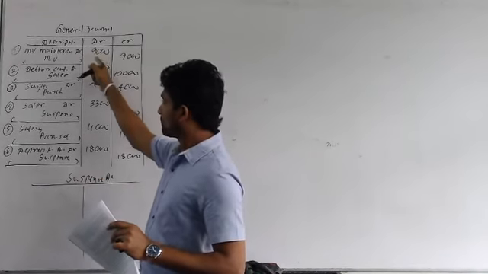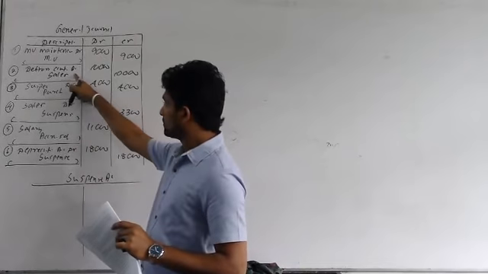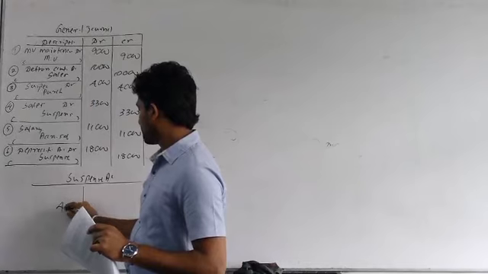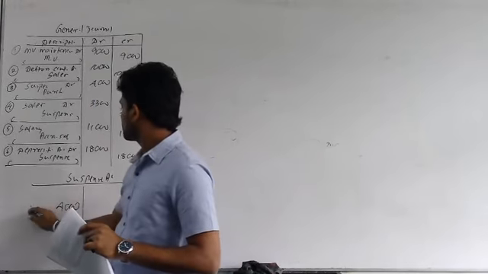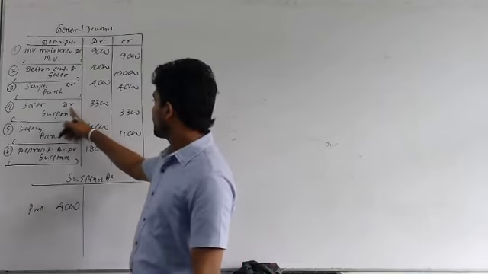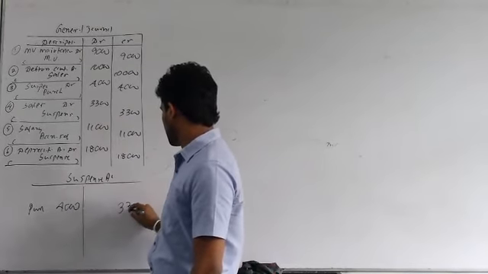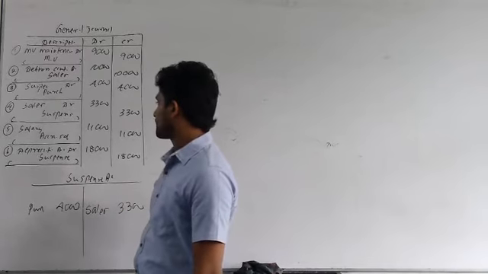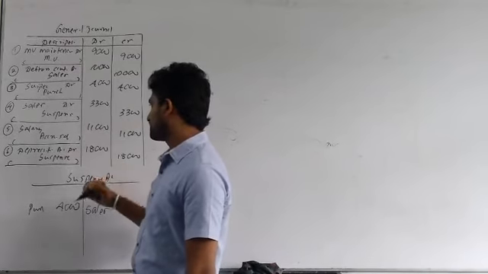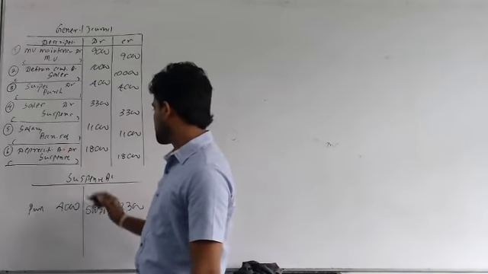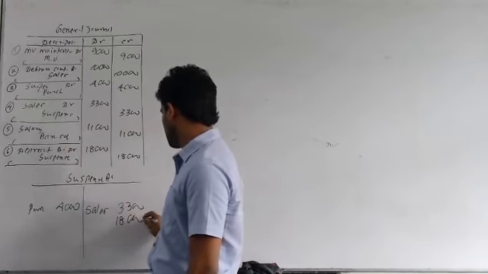First entry has no impact on suspense. Second also not, but the third, suspense debit. I debit this 4,000 to suspense, credit to purchase. Then sales debit, suspense credit, 3,300 credit here. Salary debit, accrued salary credit, that has no impact on suspense. The depreciation debit, suspense credit, 18,000 here.